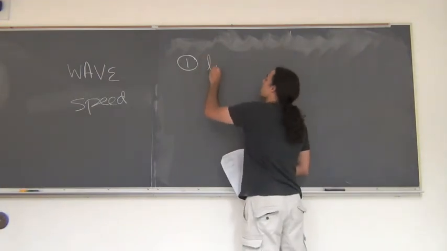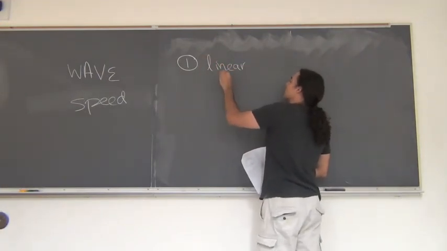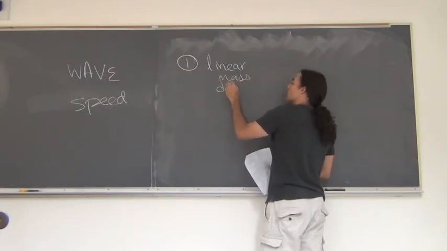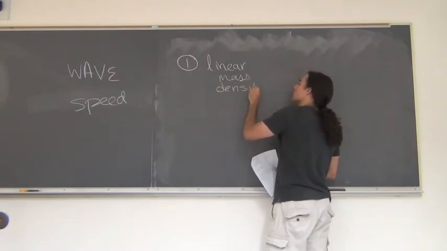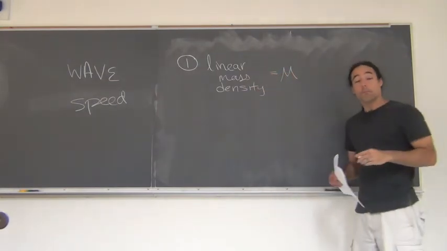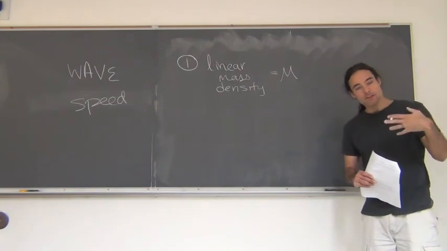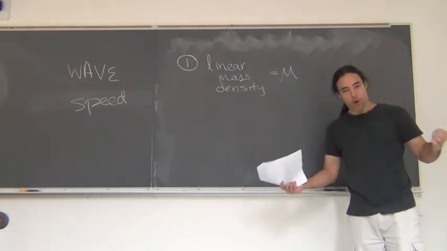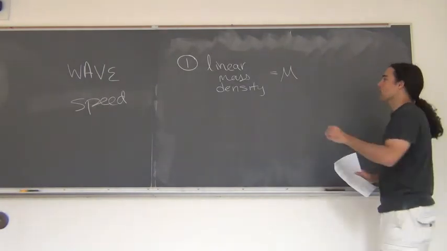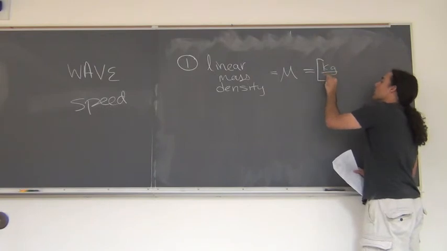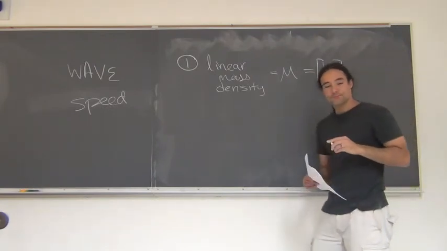I could look at the linear mass density of the string. Let's call that mu. By linear mass density, I mean how much mass do I have per unit length. So if I take a meter long string, how much does that weigh? So the units would be kilograms per meter.